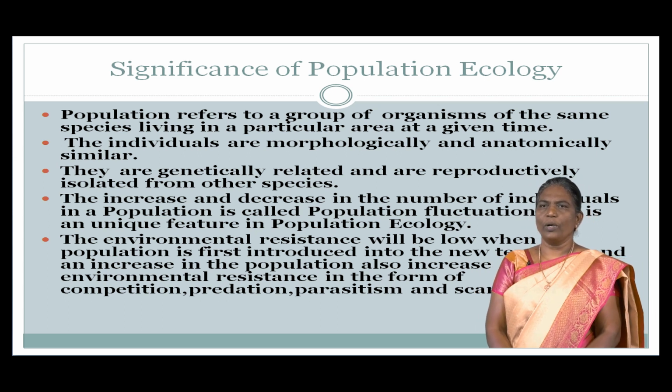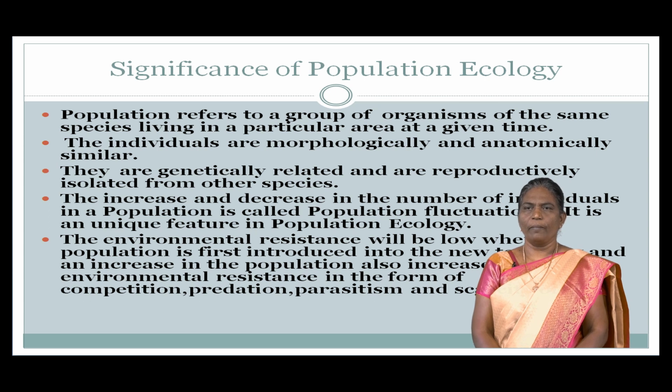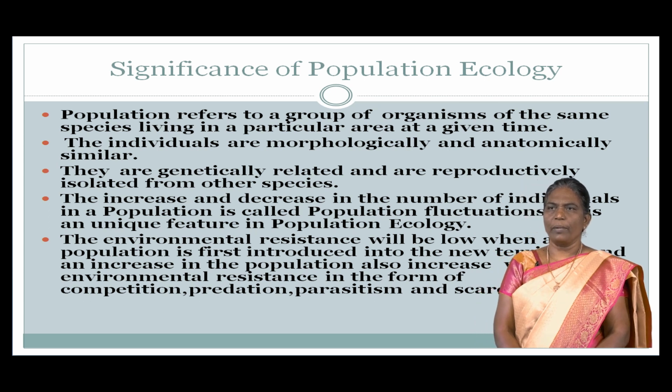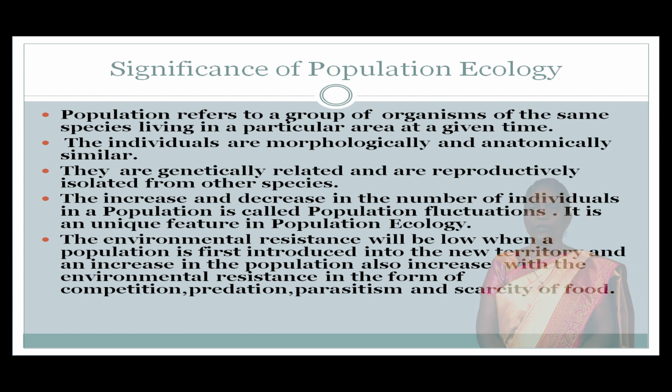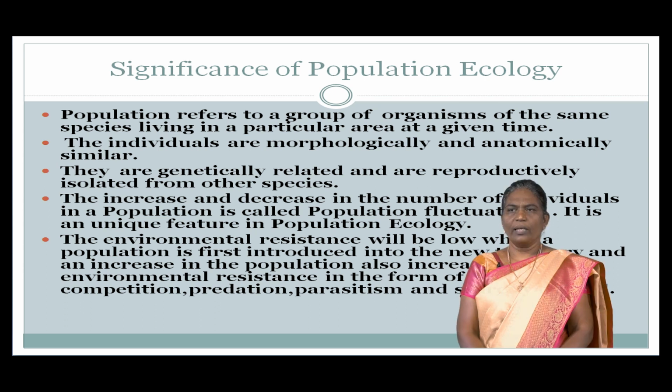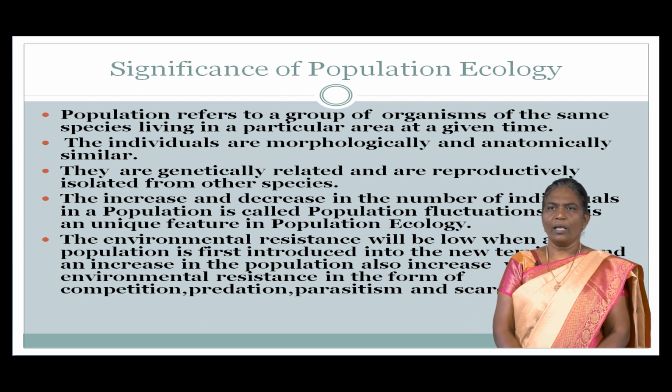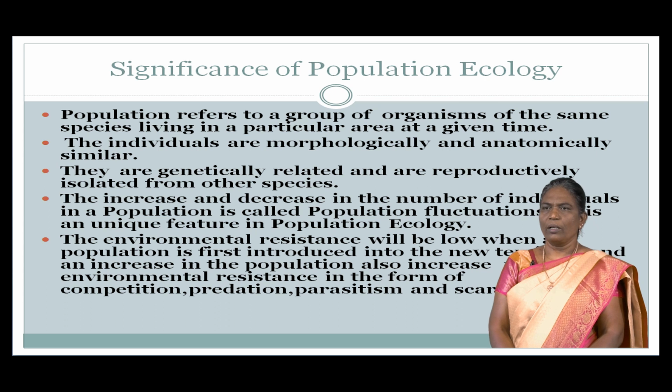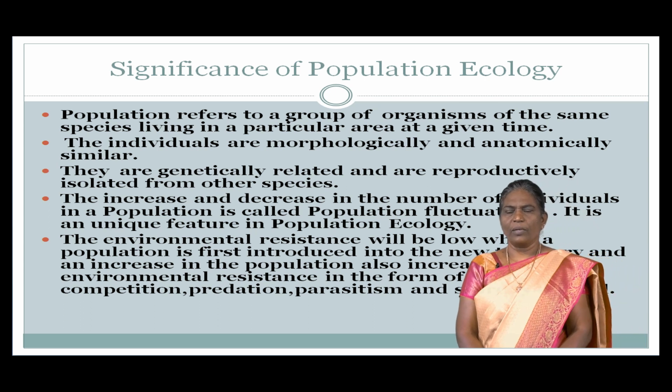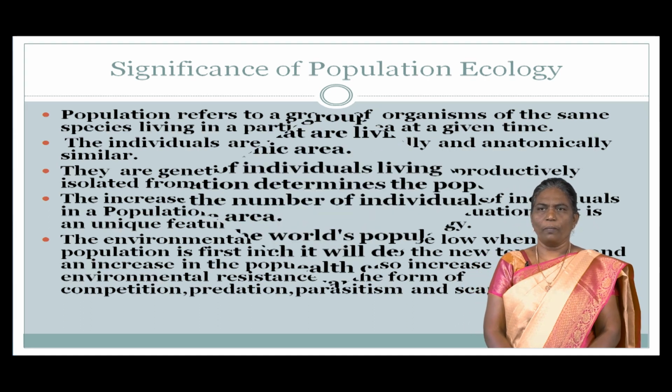It is a unique feature in population ecology. The environmental resistance will be low when a population is first introduced into a new territory, and as the population increases, the environmental resistance also increases in the form of competition, predation, parasitism, and scarcity of food.